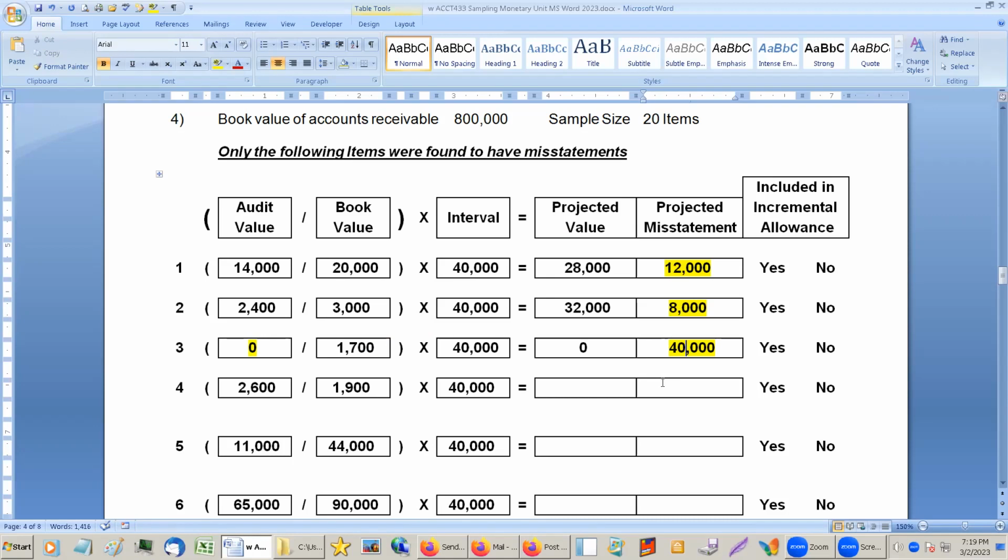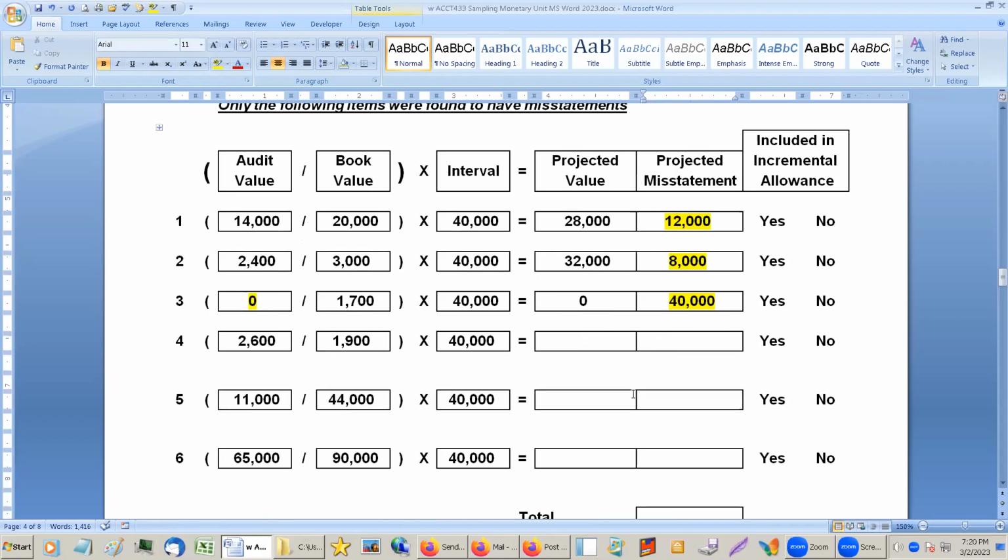And number 4 is unusual. What's unusual about number 4? Number 4 is different than 1, 2, and 3.